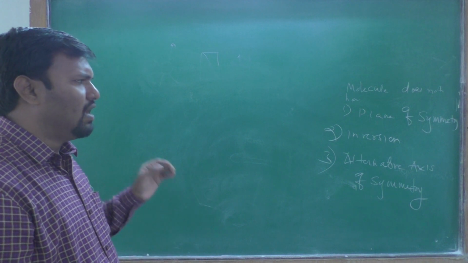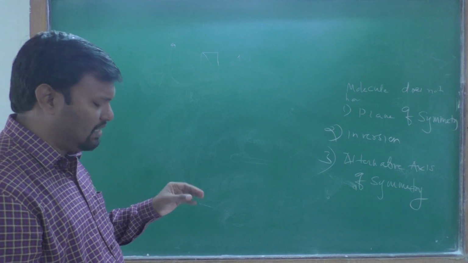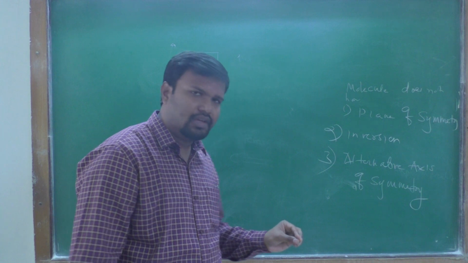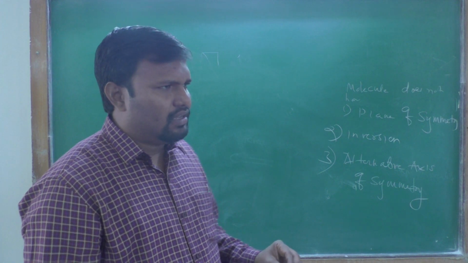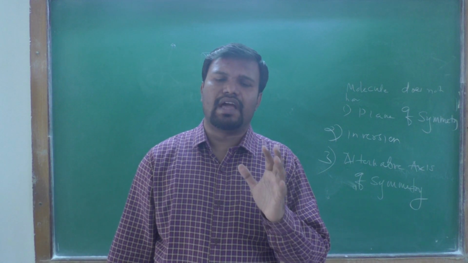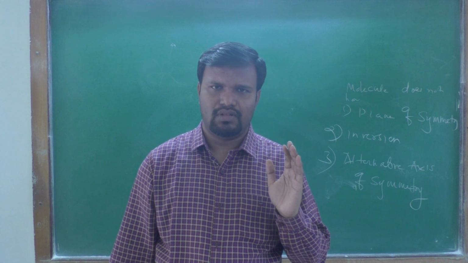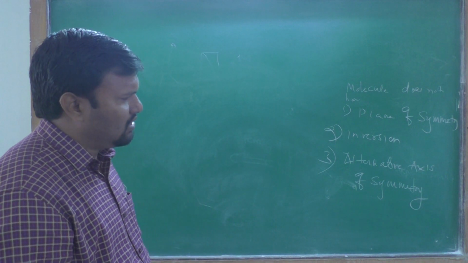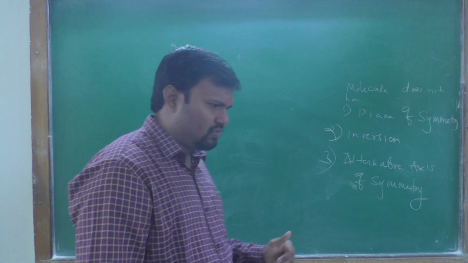Remember that. And if any of the symmetry is present within the molecule, then the molecule is not chiral. This is an achiral molecule. Let us discuss the three symmetries.